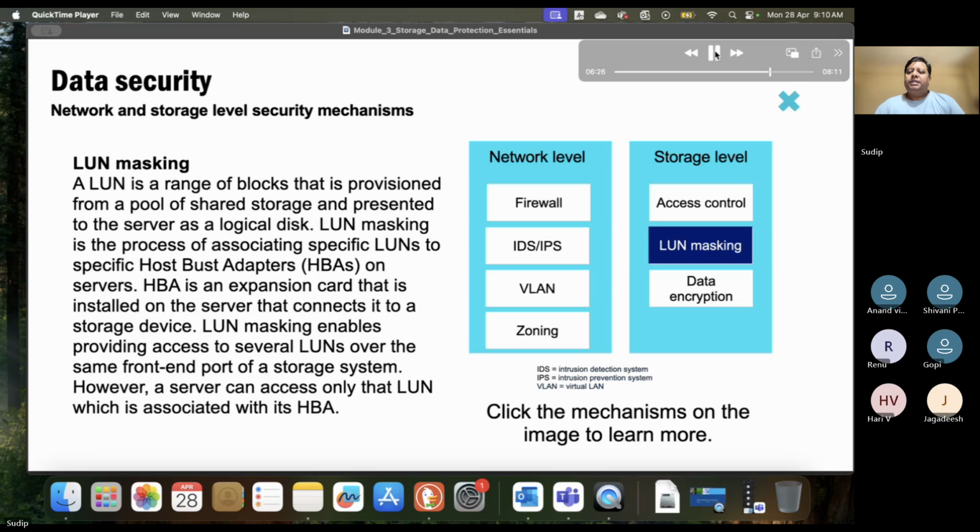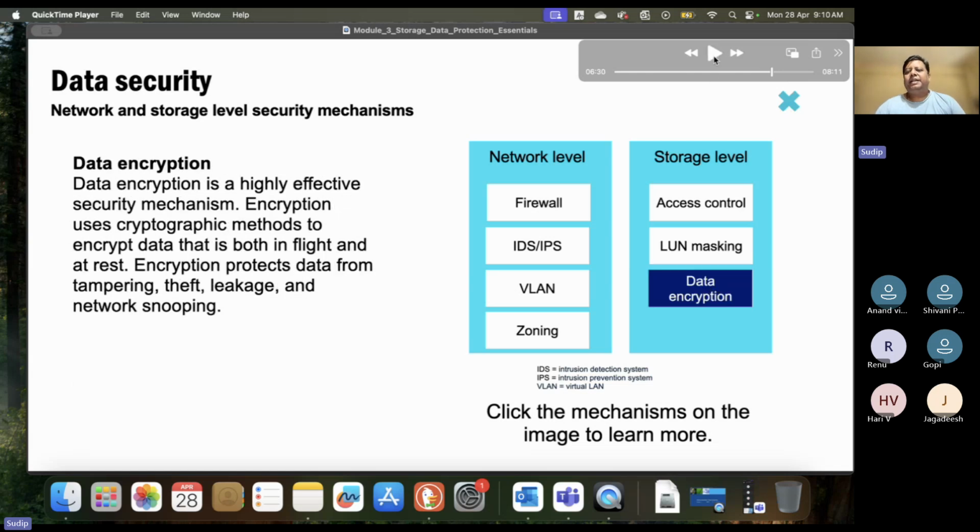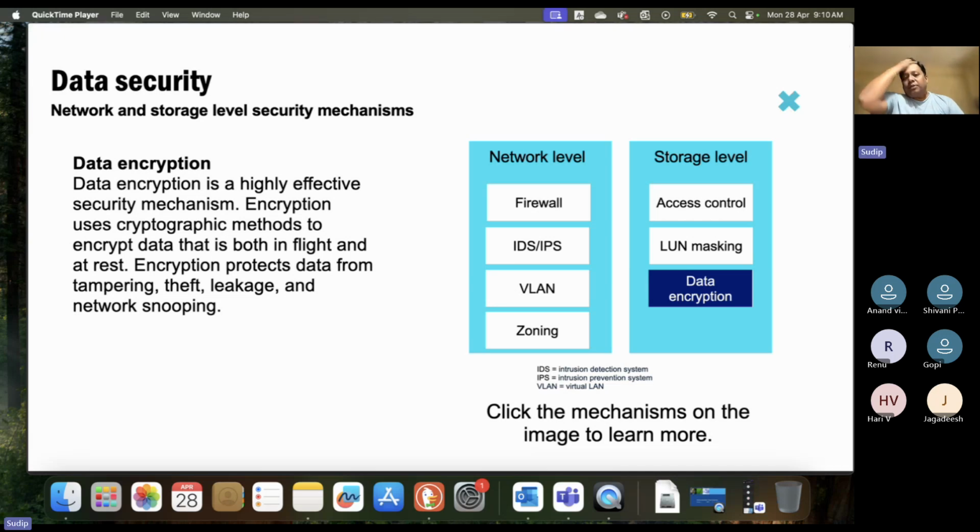All right. Then we get into the next topic, which is called data encryption. Now, encryption is a technology which got invented during World War II. What happened was the Germans were very clever.